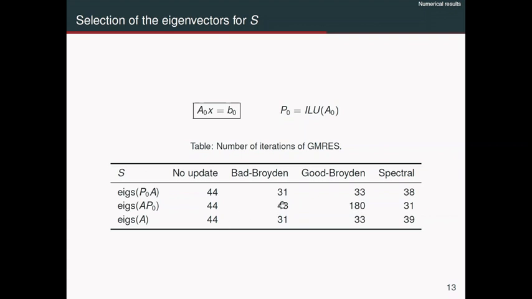And here we have the number of iterations if we apply the bad Broyden, good Broyden, and the spectral preconditioners, obtained from the eigenvectors of P0, A, P0 A, and A. The optimal is to use the first and the second type, but in practice we can observe that if we use the eigenvectors of A, good results are obtained, and we remove the necessity to use this process.